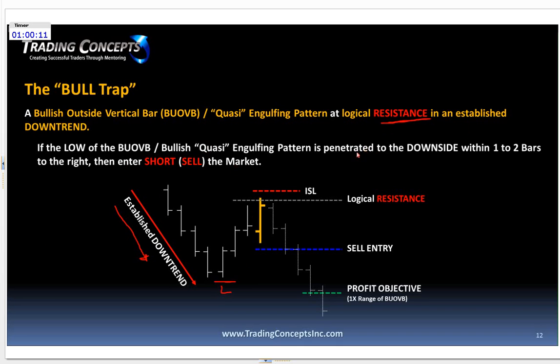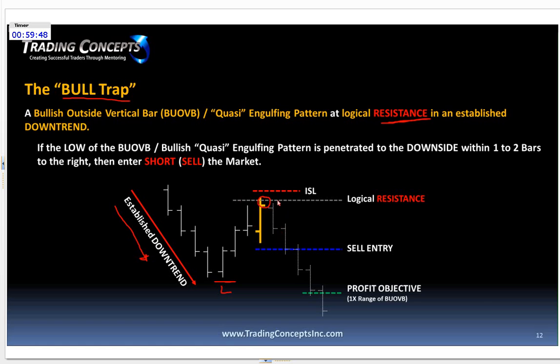But again, we're talking about the bull trap, which is simply an engulfing pattern, but instead of being bearish, it's bullish because it closes in the top quarter. It's that simple. So, okay, it's in resistance. The trend is down. The market takes out the high and the low of the prior bar. Okay, it's a bullish bar, but this is a fantastic pattern.